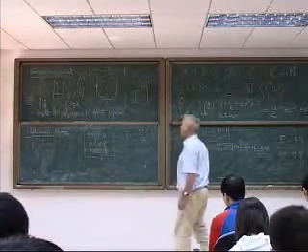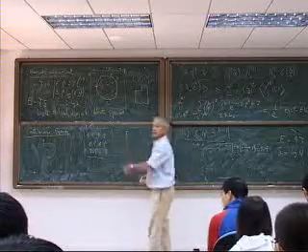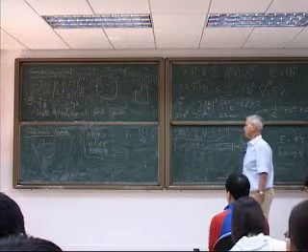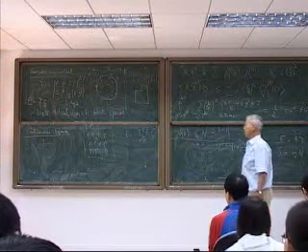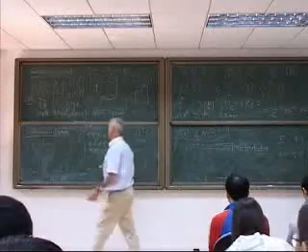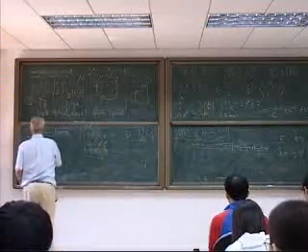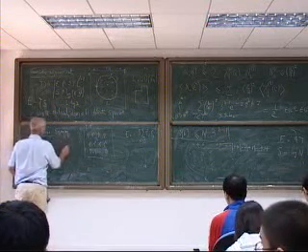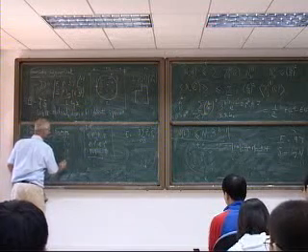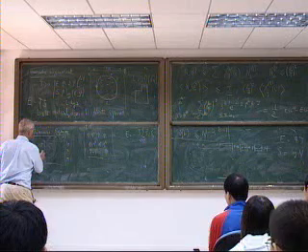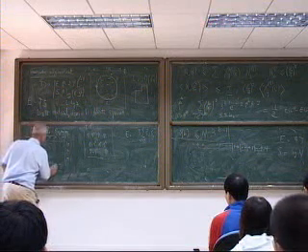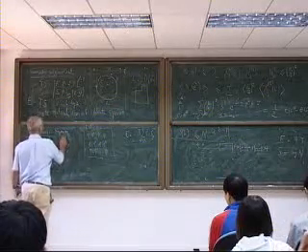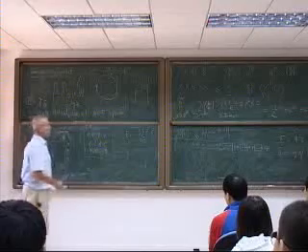So this is my ground state, and my boundary conditions have chosen this ground state among all the possible ones. There are other ground states. For instance, the spins could be rotated by an angle theta. This is another ground state. This angle is theta. So there are many ground states.